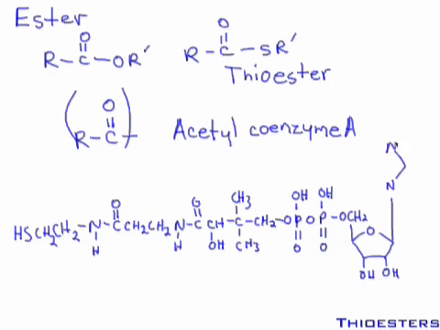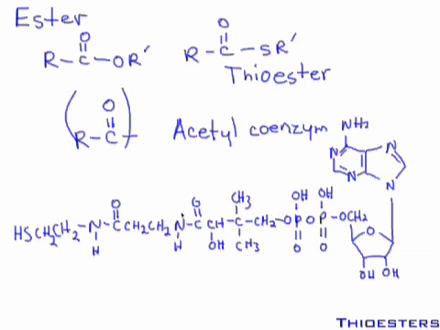Quite a large molecule. You may have to learn it in your biology courses. I'm not going to require you to know this at this time. I have to make room for the NH2 off of here. We have an N here, and an N here. And there we go.